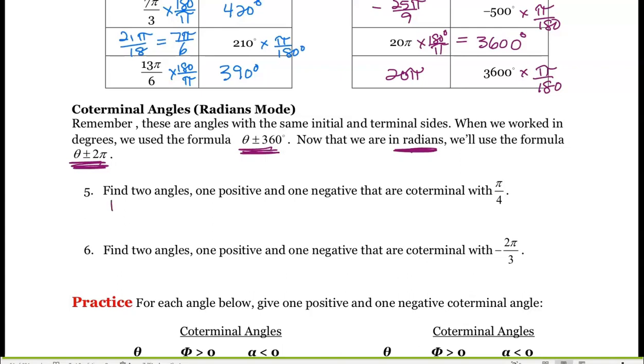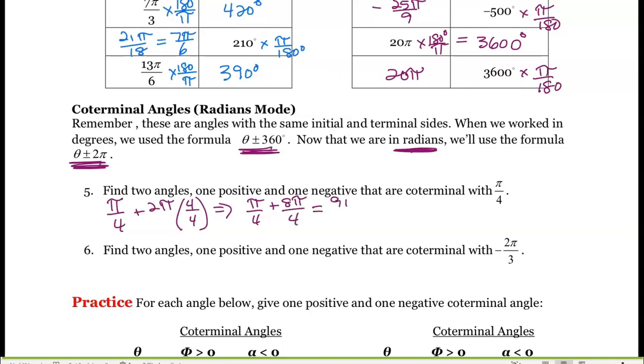So I'm going to say, okay, pi over 4 plus 2 pi. Now I can't add 2 pi to pi over 4 unless I multiply 2 pi by 4 over 4. That's going to give me pi over 4 plus 8 pi over 4.